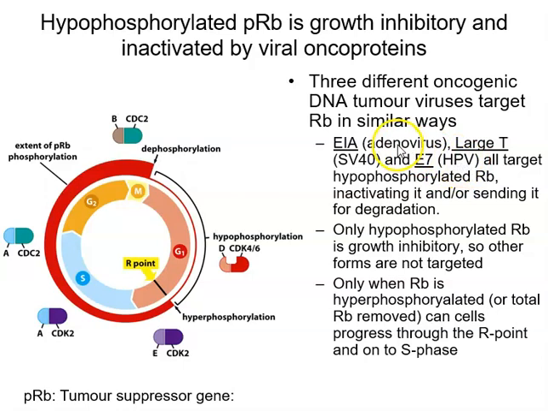The adenovirus has this oncogene, the SV40 has the large T antigen, and HPV has the E7 oncoprotein. All three of these viruses can modify the cell cycle by having their own viral proteins which disrupt or inactivate or degrade the retinoblastoma protein, therefore driving the cell through the cell cycle, which is what the virus wants the cell to do.